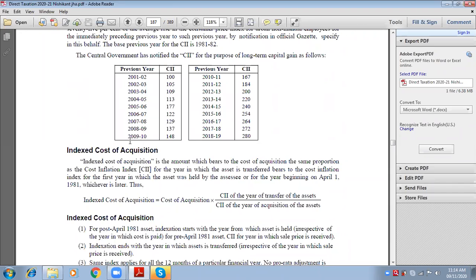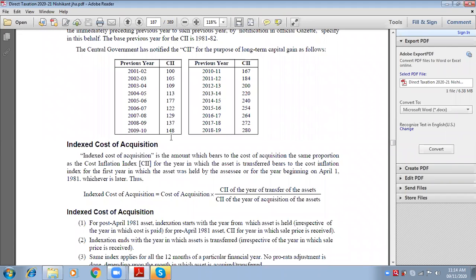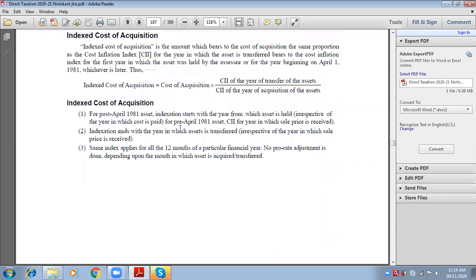What is the CII of 2009-10? 140. That will be taken. If the asset is pre-April 1981, meaning before April 1981, then the CII for the year in which the sale price is received will be taken, that is, the CII of the time when you received the sale price.